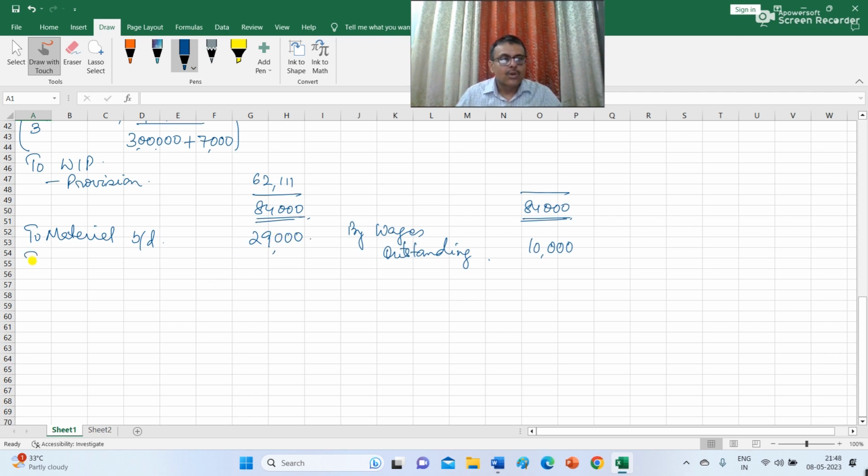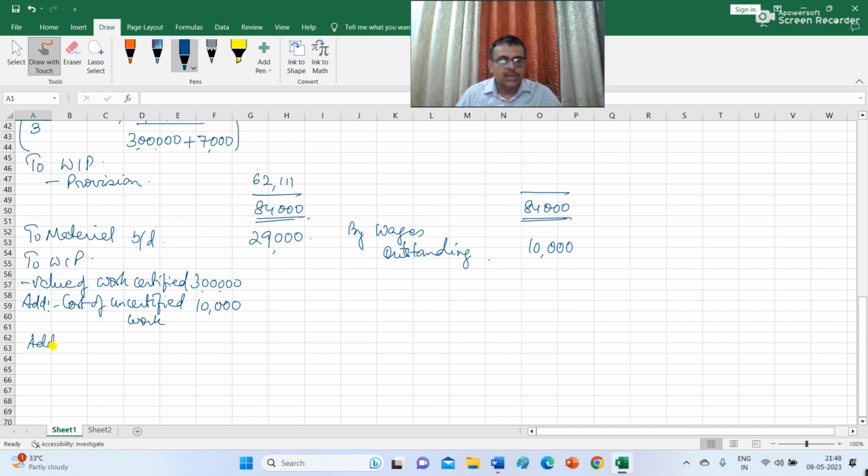Then WIP, value of work certified. In the inner column, you can write 3 lakh. Add cost of uncertified work, rupees 10,000.